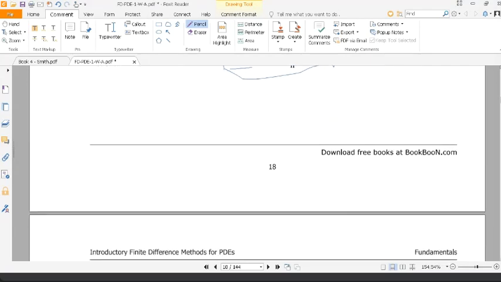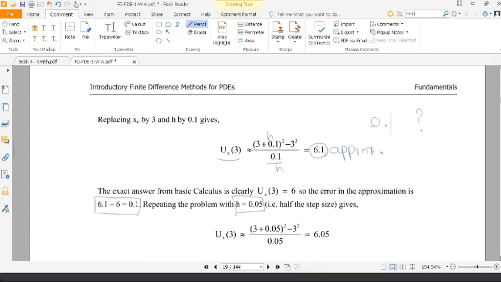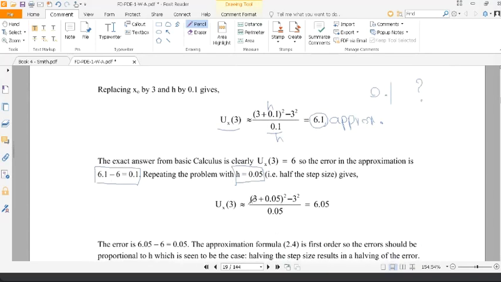The computation is repeated, similar to the last part, and we should compute ((3 + 0.05) power 2 minus 3 power 2) over 0.05, and then we have the result 6.05 as the approximate solution.